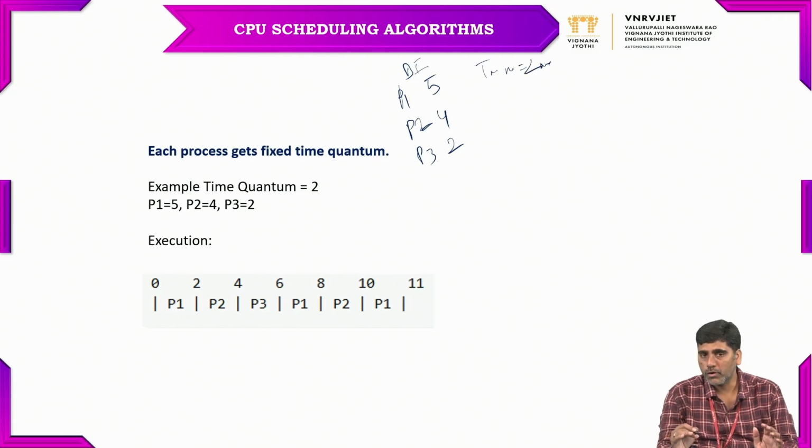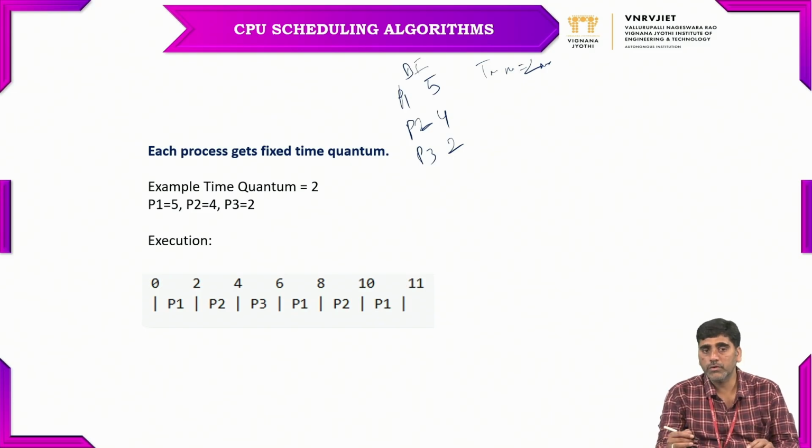So each of the three processes utilizes the CPU for 2 milliseconds each time. P1 utilizes 2 milliseconds and leaves the CPU, then P2 utilizes 2 milliseconds and leaves the CPU, then P3 utilizes 2 milliseconds and leaves the CPU. If a process's burst time is over, it is not ready for CPU allocation the next time, because no more time is needed for that process.